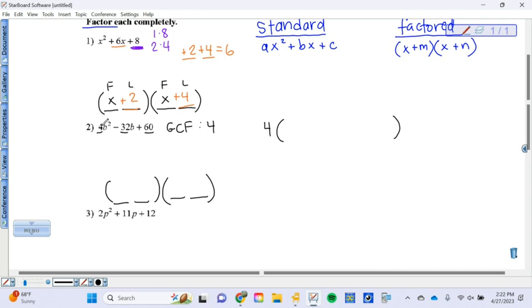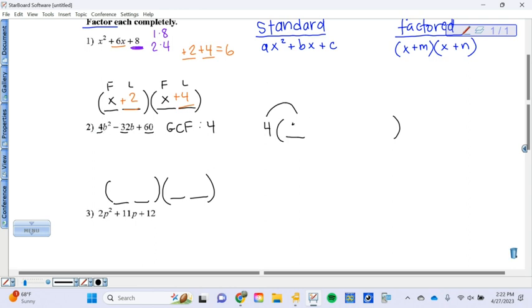So think to yourself, 4 times what would give you 4b squared?